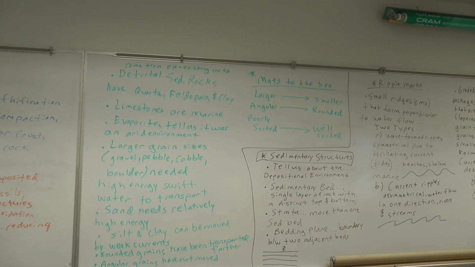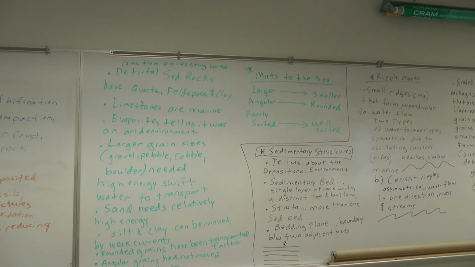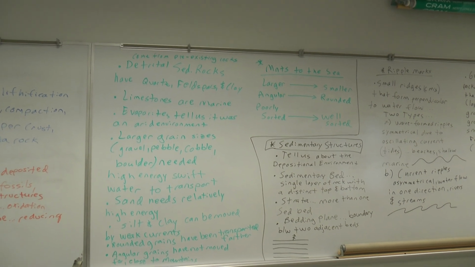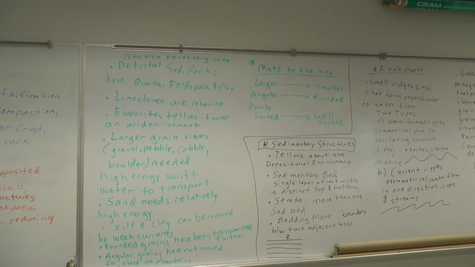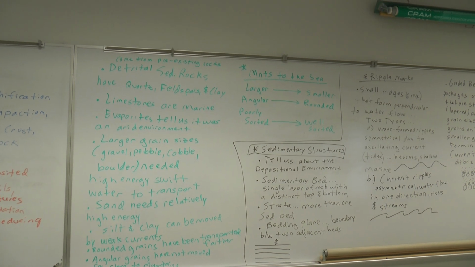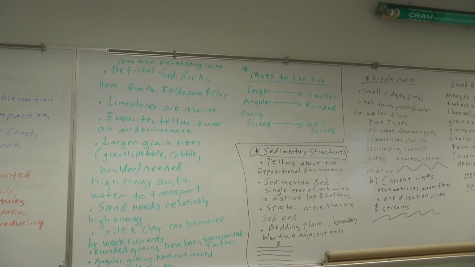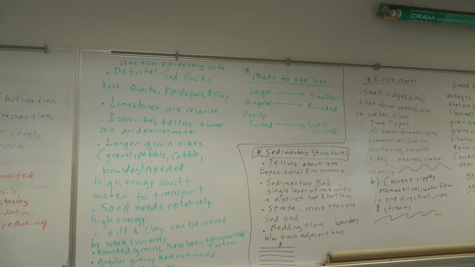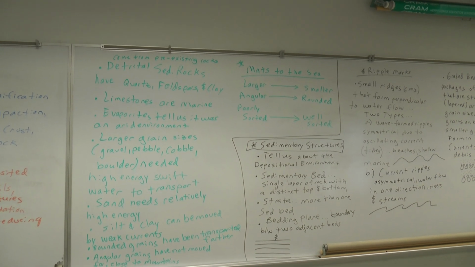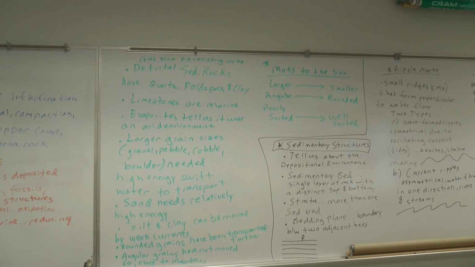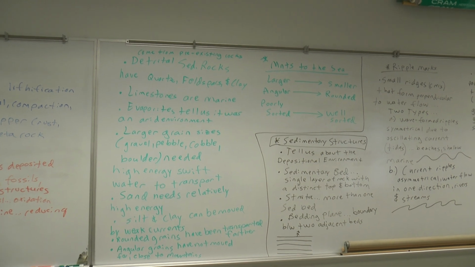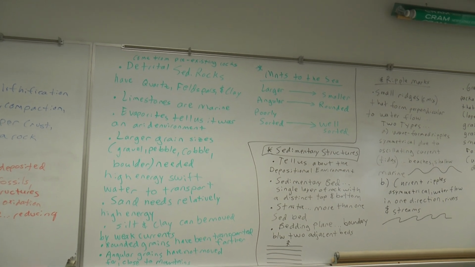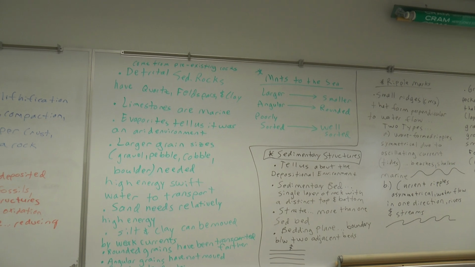So sand grains would be the typical sediments that make up a detrital sedimentary rock. I may have briefly touched on the 3 different types of sedimentary rocks in Chapter 2. Detrital sedimentary rocks are typically going to have minerals such as quartz, feldspars, and clay.